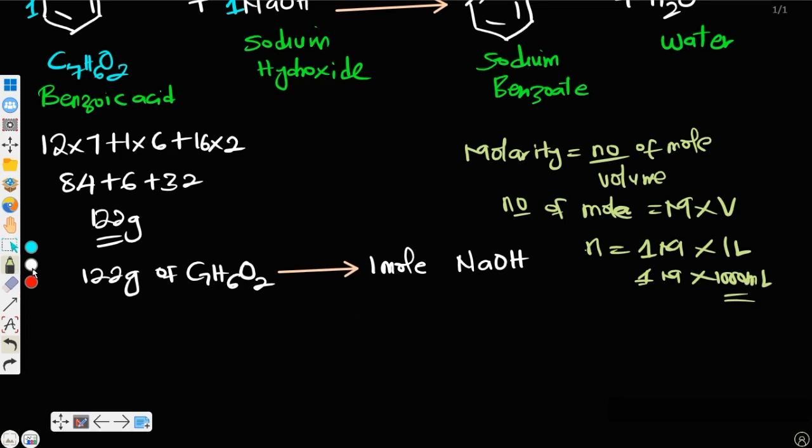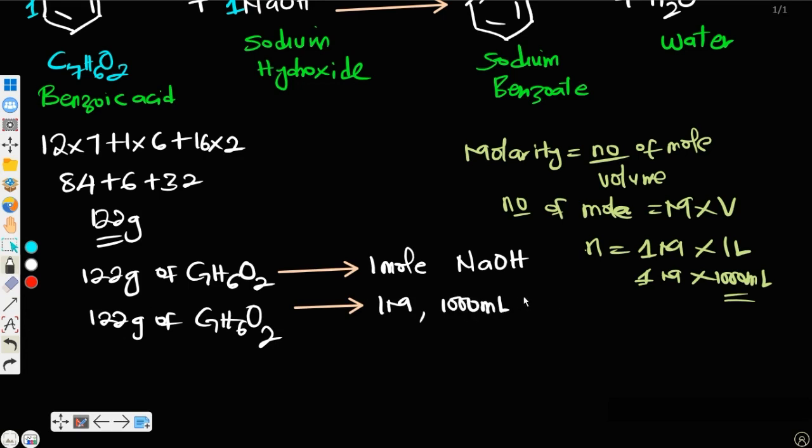So we are now going to come here and say 122 gram of C7H6O2 will give us 1 molar solution, are you getting it, of 1000 milliliter of sodium hydroxide. 1 molar solution, 1000 milliliter sodium hydroxide. Now, how do you now calculate for your milli equivalent?